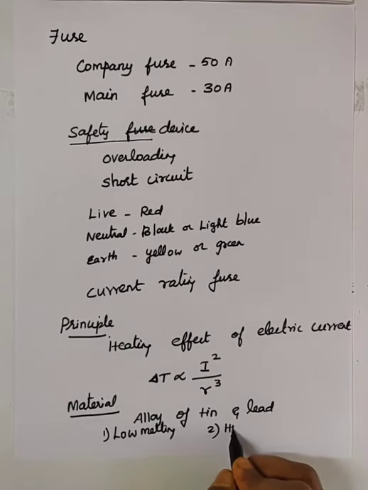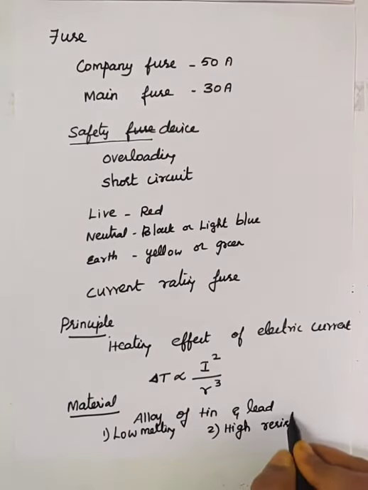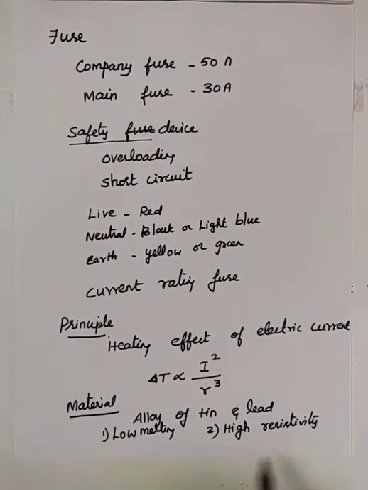Second, their resistivity is high. So any material which can be used as the fuse wire should have low melting point and high resistivity. Alloy of tin and lead have low melting point and high resistivity, so they are suitable for making the fuse wire.